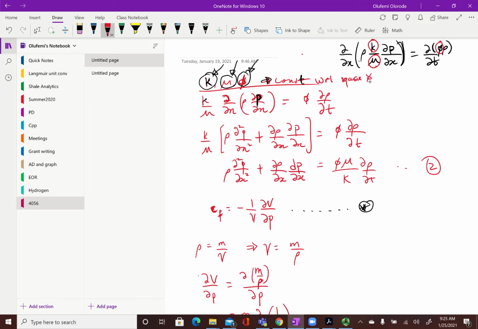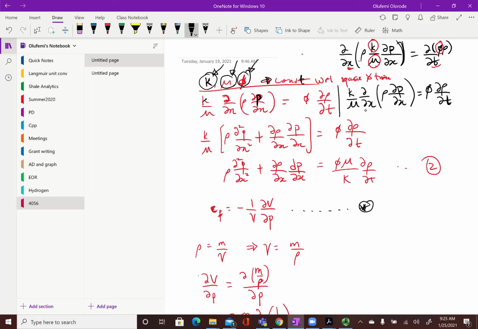With respect to x and with respect to t, they are constant, and so you can take them out. You have k over mu times the derivative, and you're left with d/dx of rho dp/dx equals phi, which is constant with respect to time, times d rho/dt.